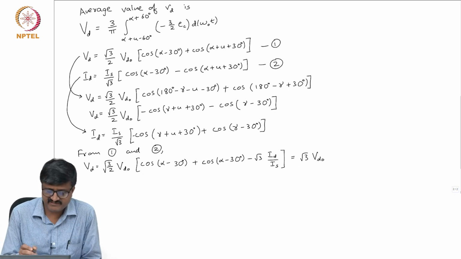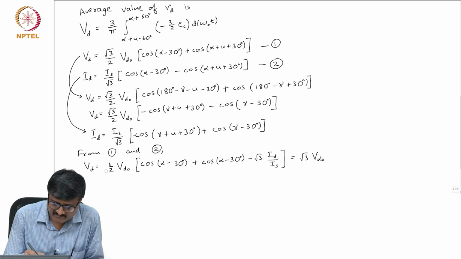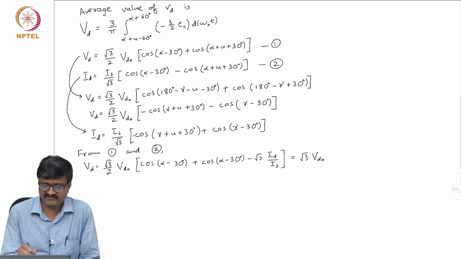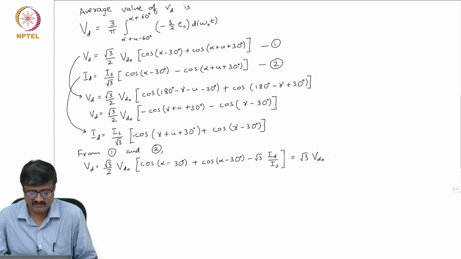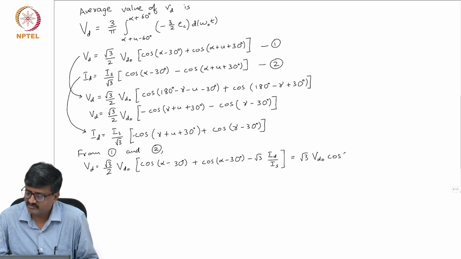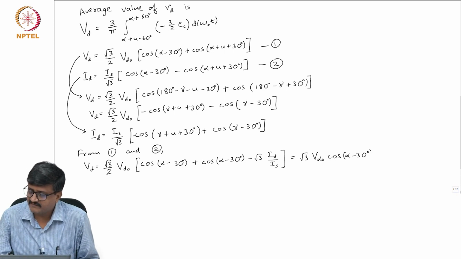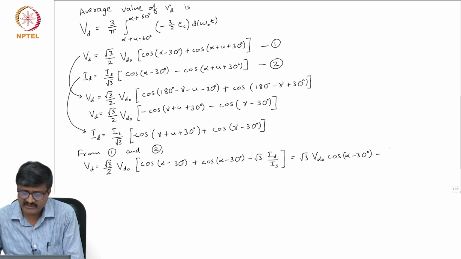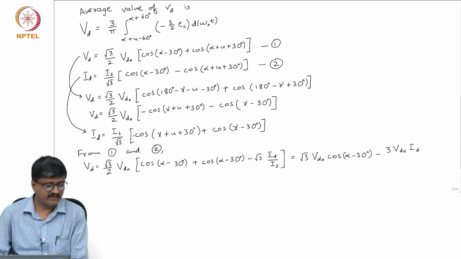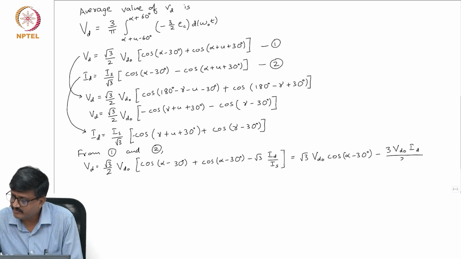I think I made a mistake here. This is not root 3, this is root 3 divided by 2. Sorry. So, the 2 in the denominator gets cancelled. So, we get root 3 Vdo cos alpha minus 30 degrees minus root 3 into root 3 is 3 Vdo Id by 2 Is.